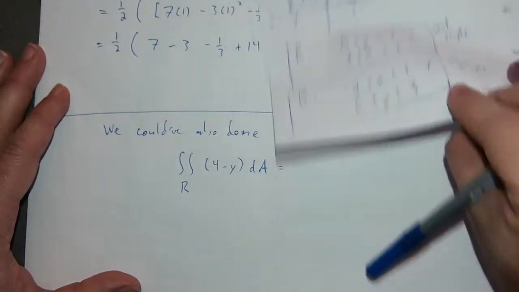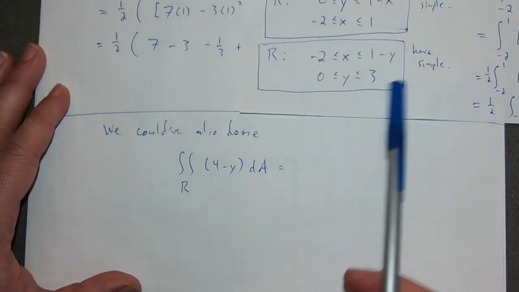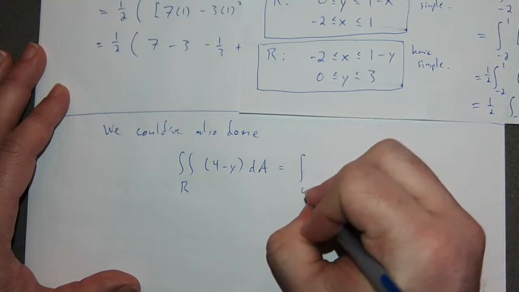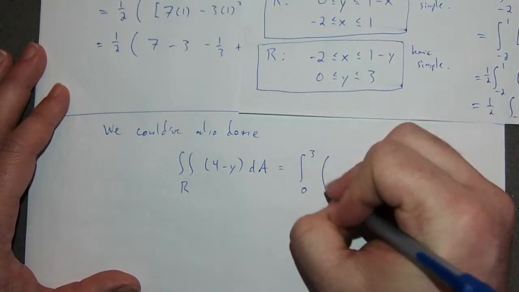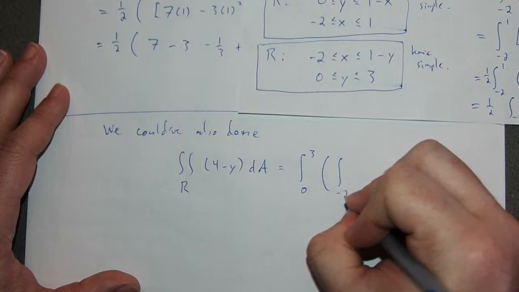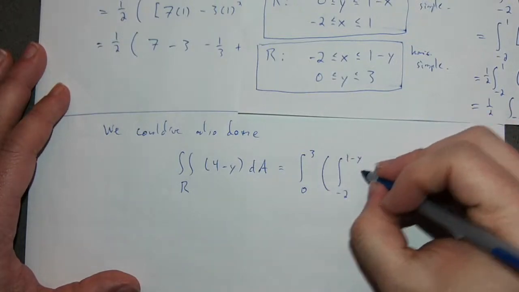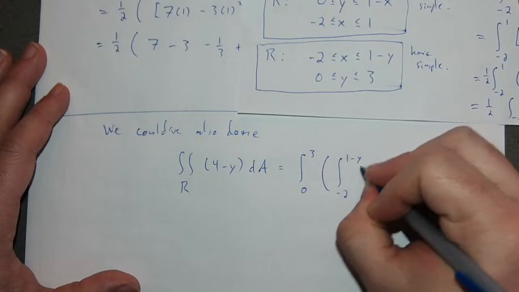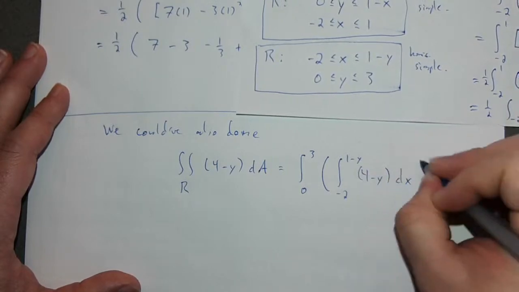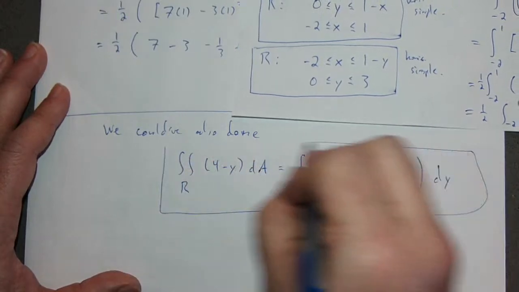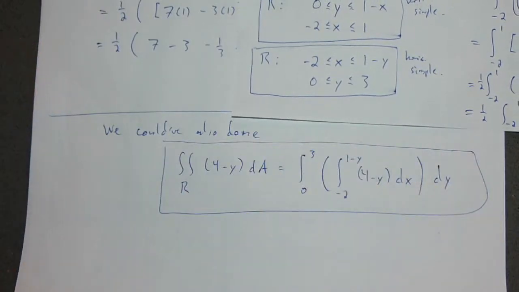Let me put this back on screen. So here's the region I'm using. The outer integral is going to be the integral from 0 to 3. The inner integral is going to be the integral from minus 2 to 1 minus y of 4 minus y dx dy. And if you want, for practice, you can do that and see that you should get the exact same answer, 27/2.